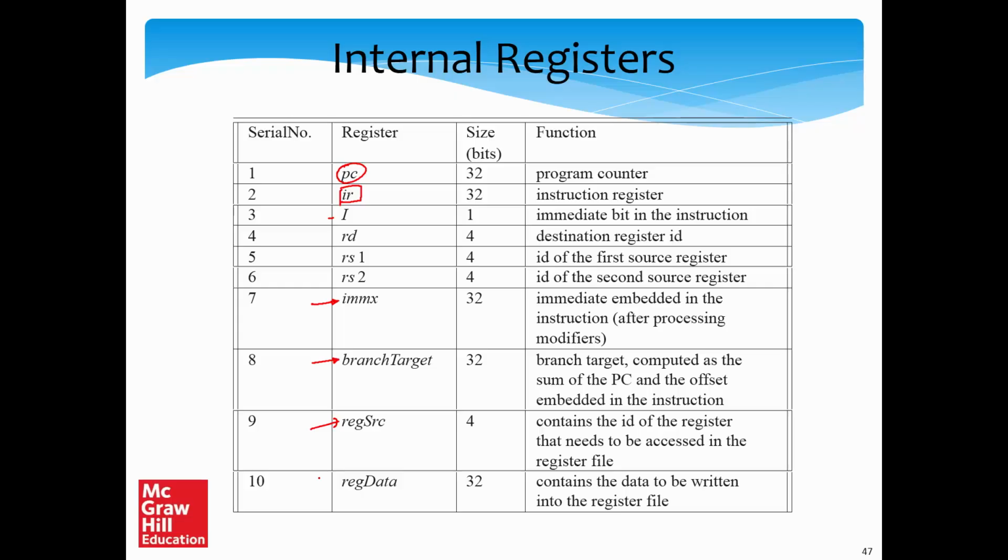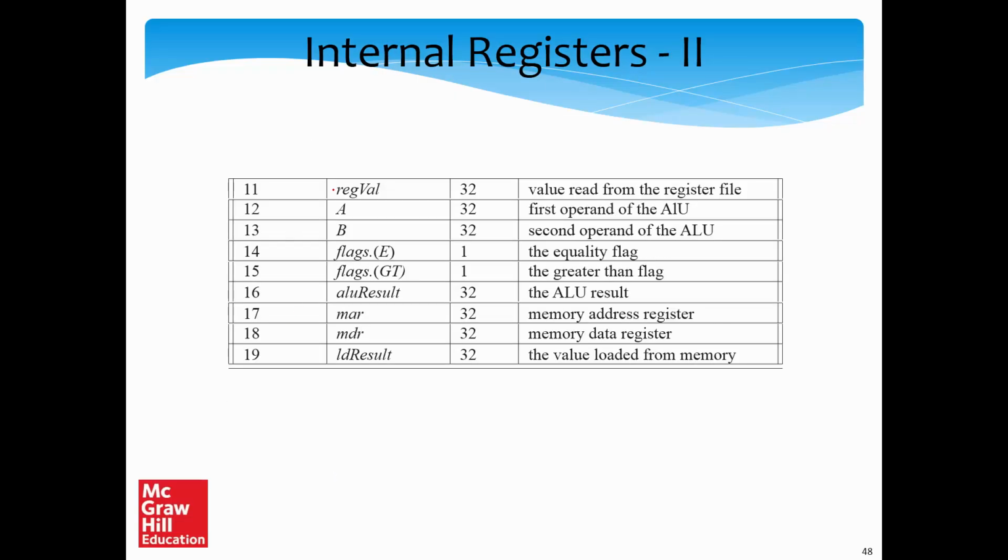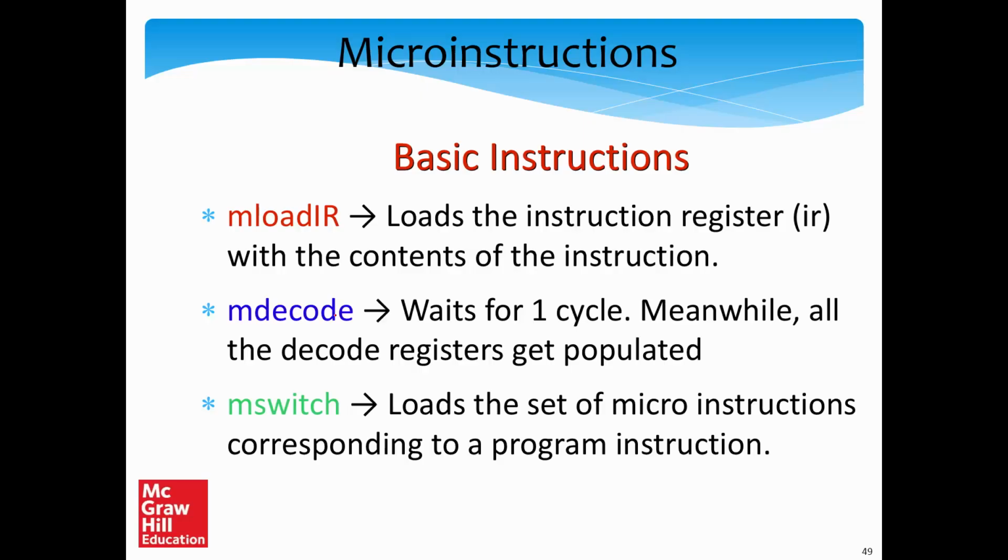Reg source, reg data, and regval encapsulate the register file. Similarly, A, B, flags.t, flags.gt, and ALU result encapsulate the ALU. And finally, the MAR, MDR, and load result micro registers encapsulate the data memory.